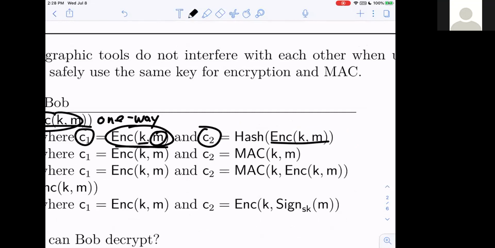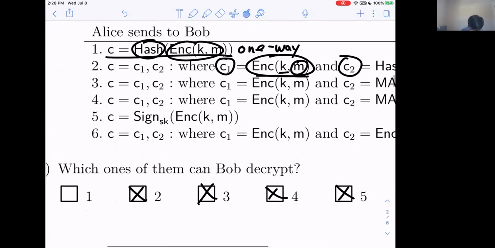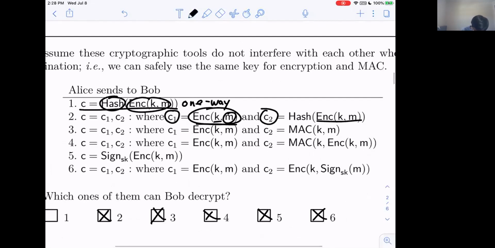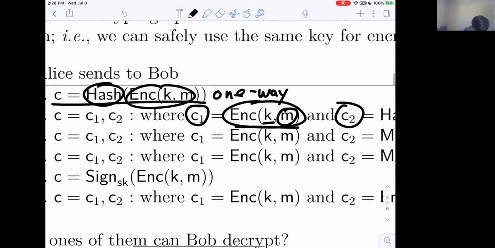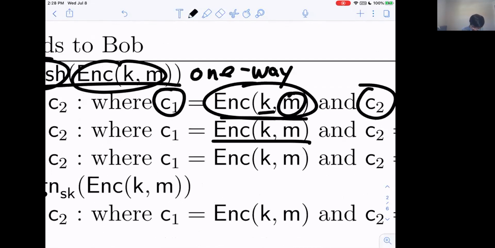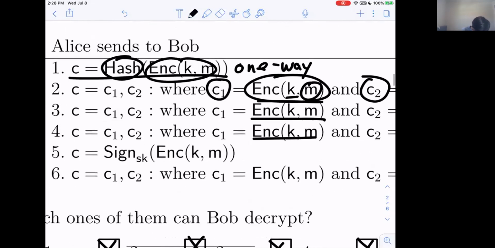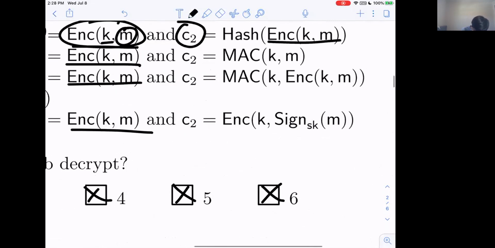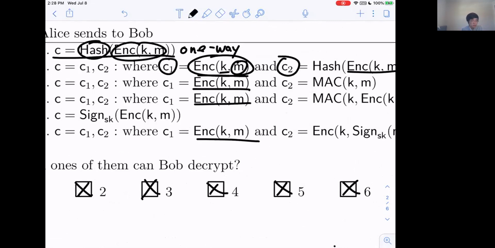Okay. So how about for number 3? We said we can decrypt it. And I'll just say yeah, because again, we have the same C1, which is the encryption of M under K. In fact, because we're sending it for 4 and 6, we know for sure that 3, 4, and 6 are decryptable.